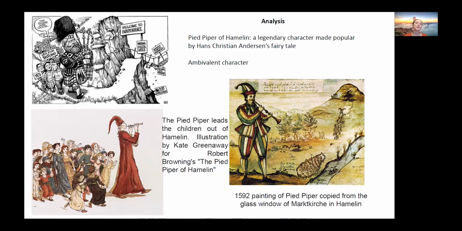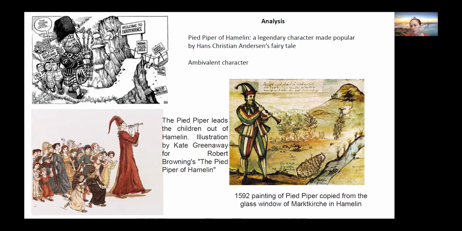So really here, it's obvious that the implicit intertext is the legendary character Pied Piper of Hamelin, a character which appeared during the medieval times, but which was made popular by Hans Christian Andersen's fairy tale.